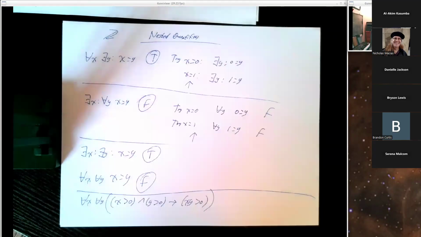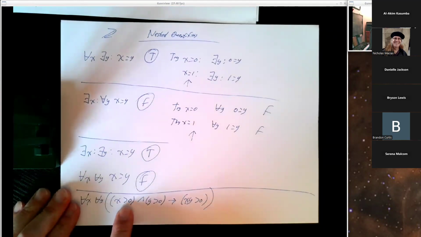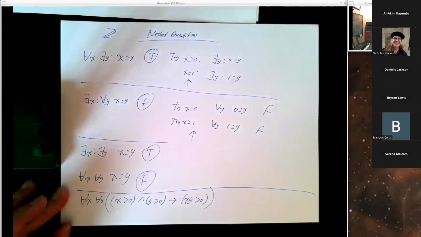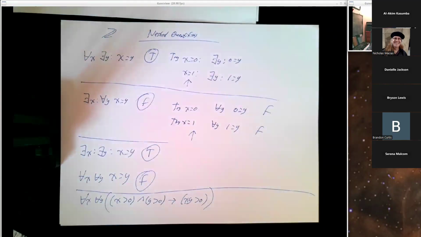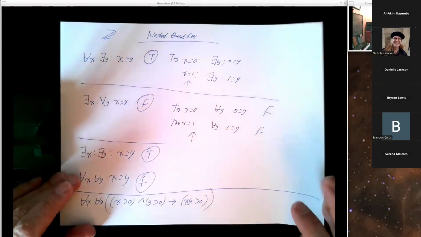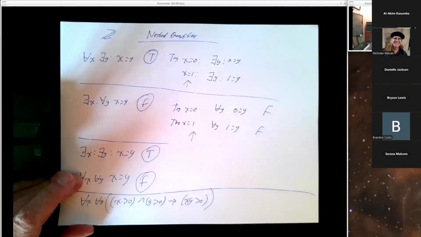But here it is written in propositional logic form. So for all x and for all y, if x is bigger than 0 and y is bigger than 0, then x times y is bigger than 0. So more than just exercises, we can actually state a lot of useful properties using this relatively compact notation.